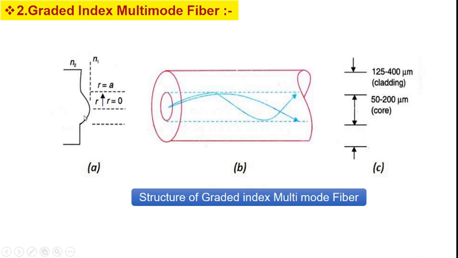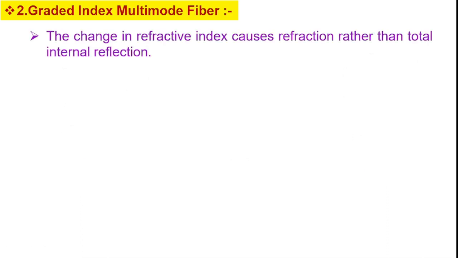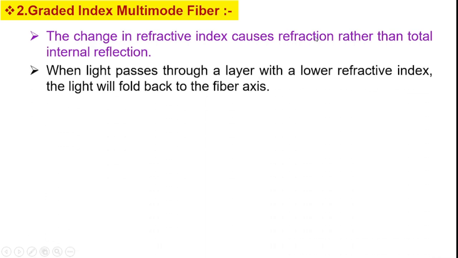And here figure A shows the variation of refractive index in optical fiber, and this figure shows the optical fiber in which these two light rays are propagating in two modes, and here this shows the variation of diameter. The change in refractive index causes refraction rather than total internal reflection.